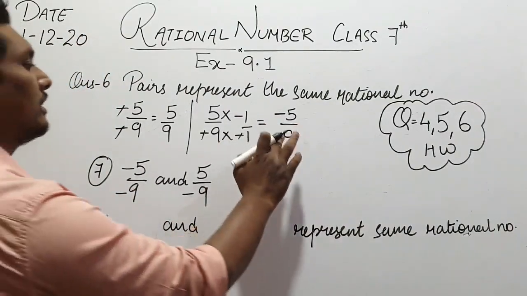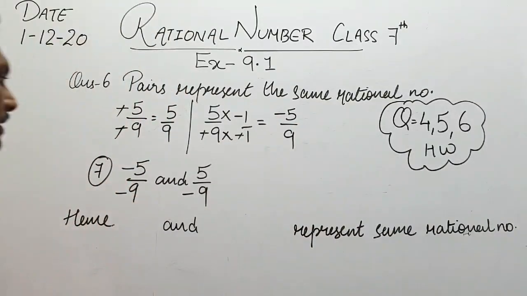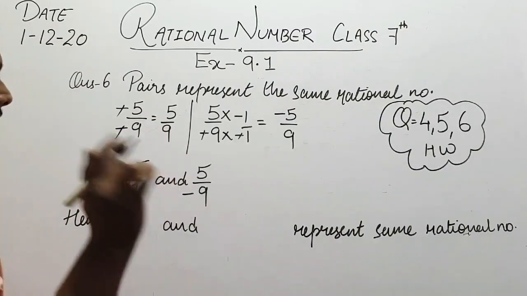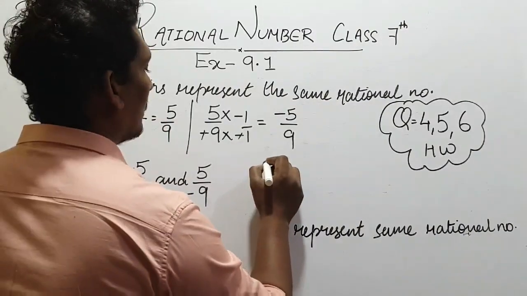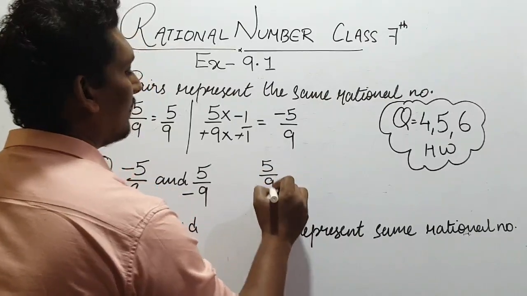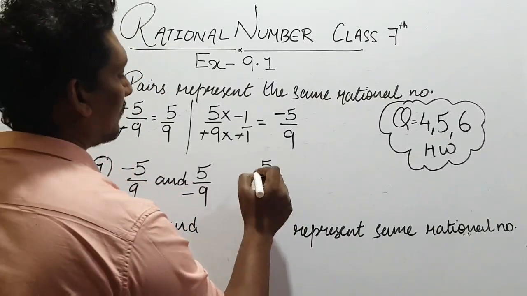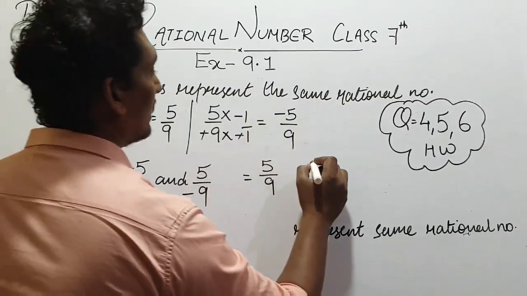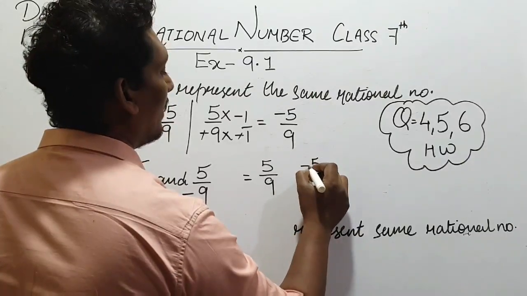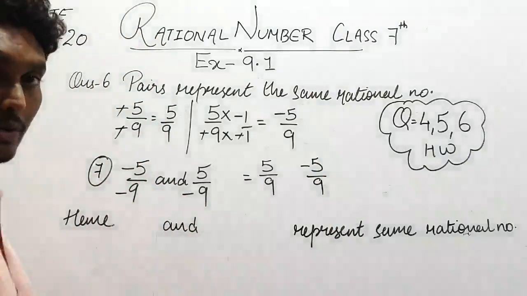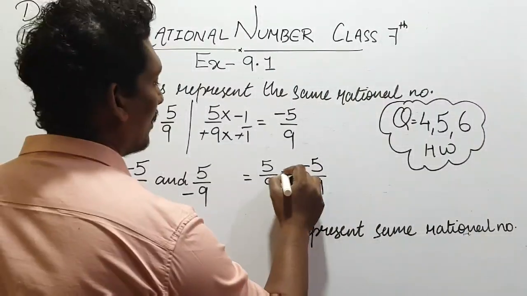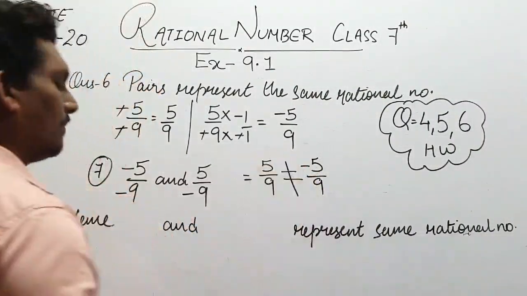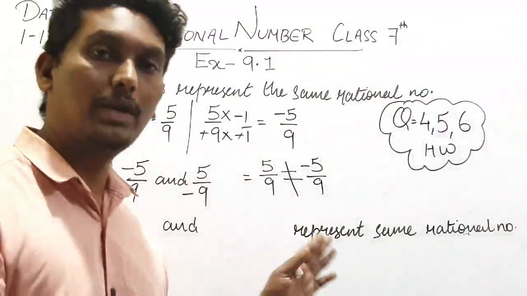Okay, now in the denominator there is no negative sign. Here also there is no negative sign, but the problem is the first answer is 5 by 9 and the next answer is minus 5 by 9. They are not equal. So this is the symbol of not equal to, right?